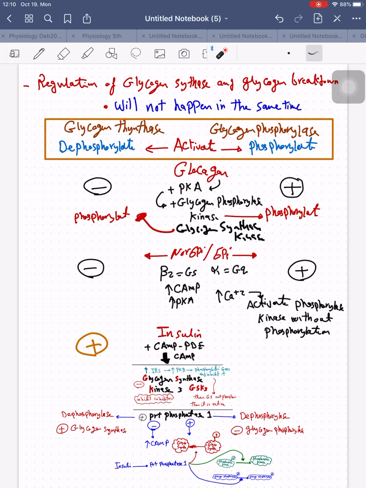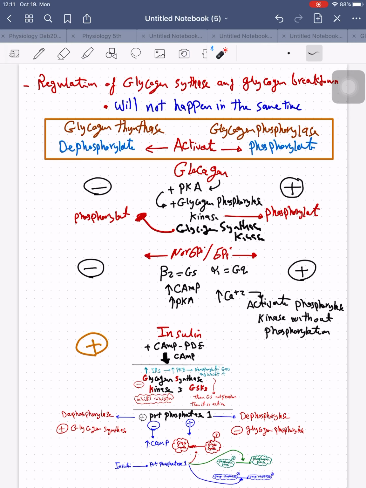The enzyme which adds a phosphate to glucose, glycogen phosphorylase, to be active must be phosphorylated, while the enzyme which builds up glycogen must be dephosphorylated.